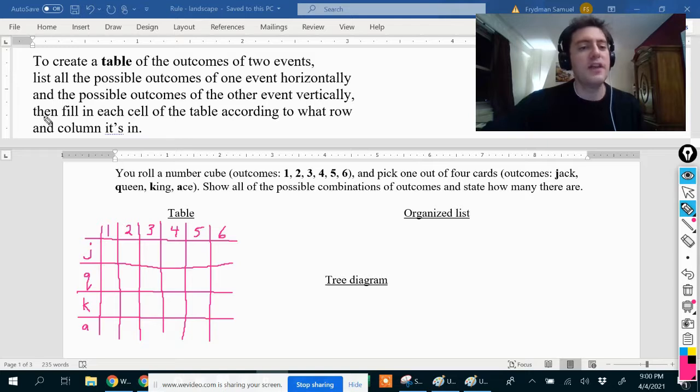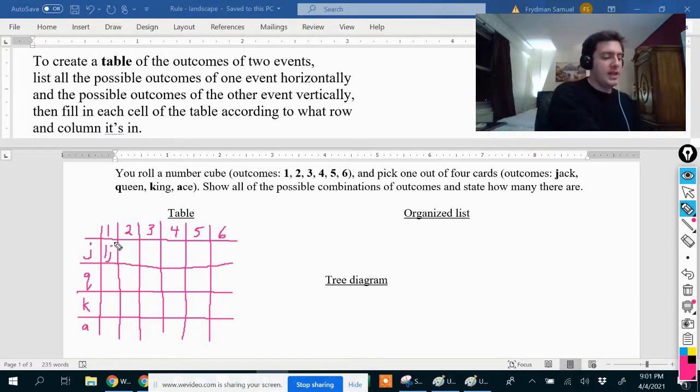Okay, we did that. Then fill in each cell of the table according to what row and column it's in. So that's simple enough. This cell over here is in the column with the number 1 there, and it's in the jack row. So I'm going to put 1J.